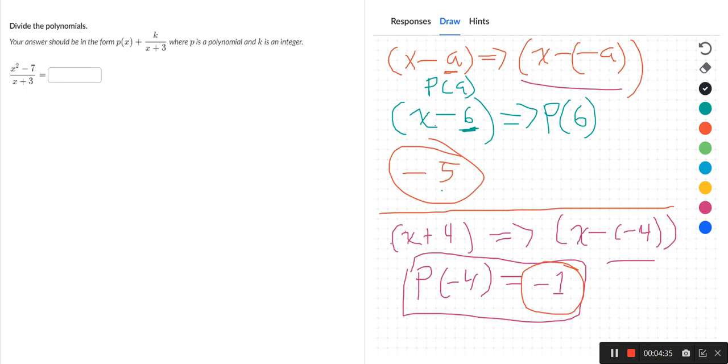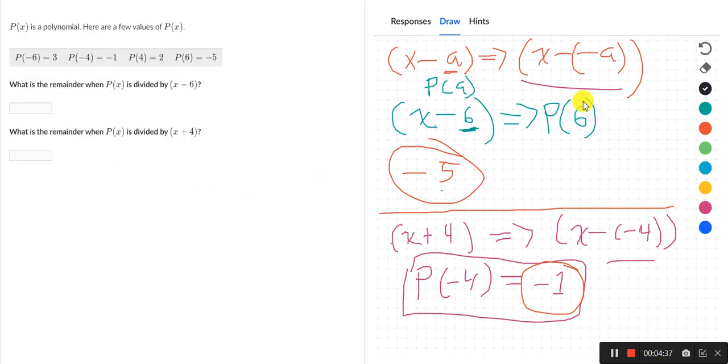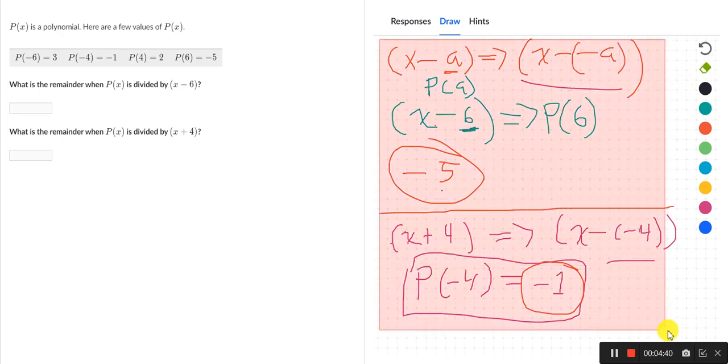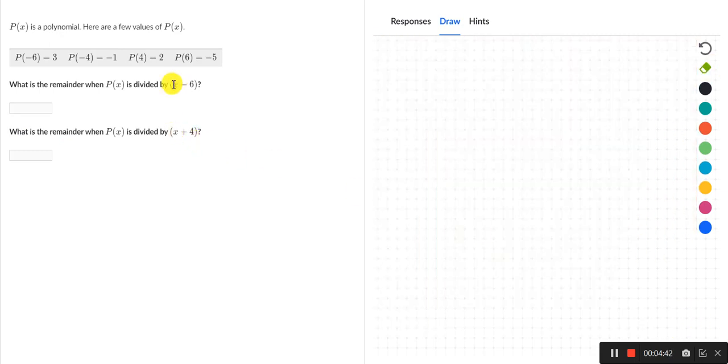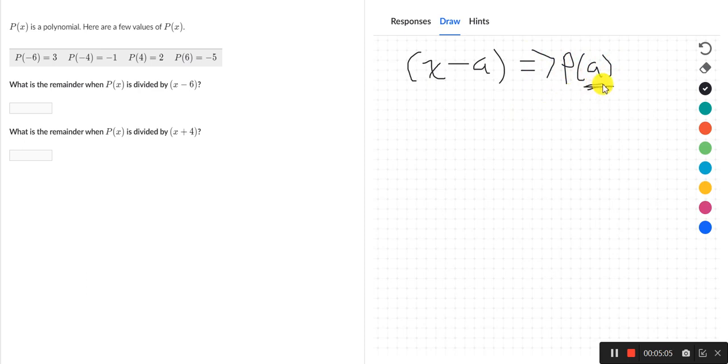The main idea here is that you take the binomial, and if the number is negative, in this form, this will be your answer, and this is the number without the sign.